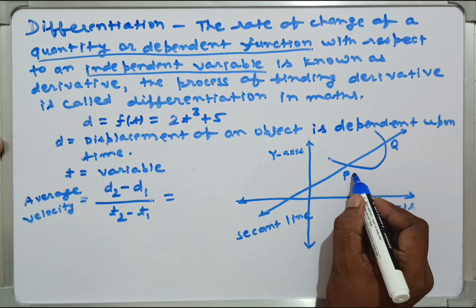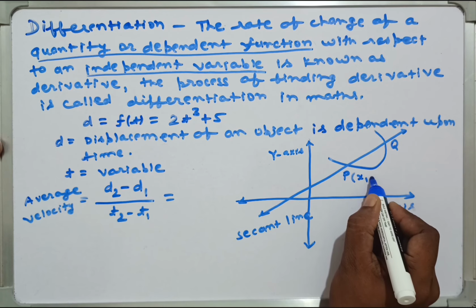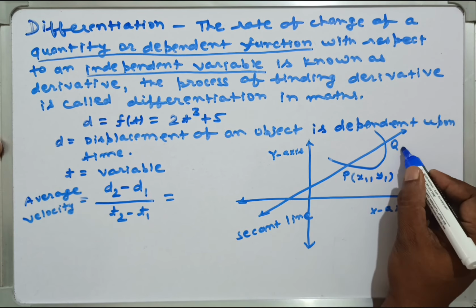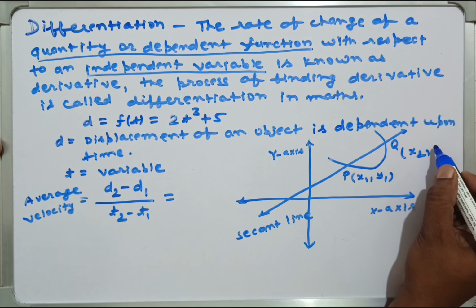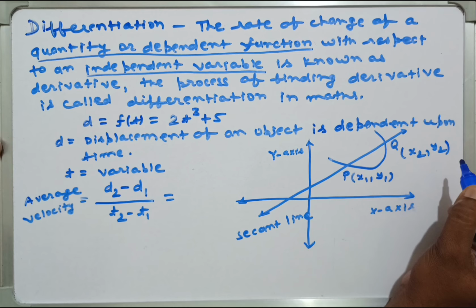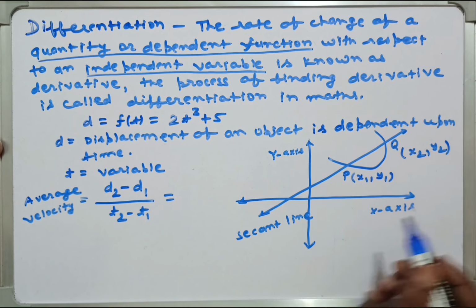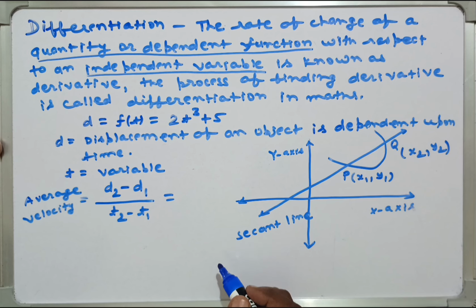Suppose the coordinates of the points are x1, y1 and x2, y2. What you read in coordinate geometry, in a lecture already uploaded on the Foundation JEE channel, the link of which is given in the description box for more clarity on how to take the slope of a line.